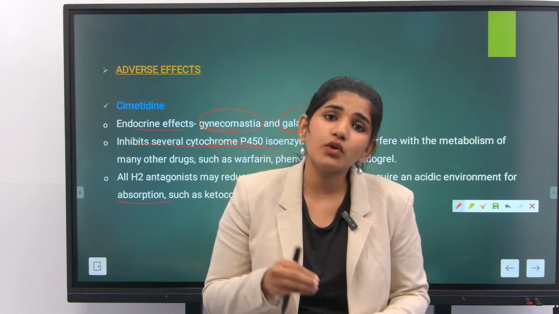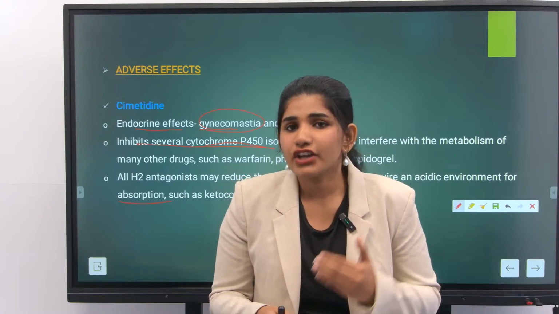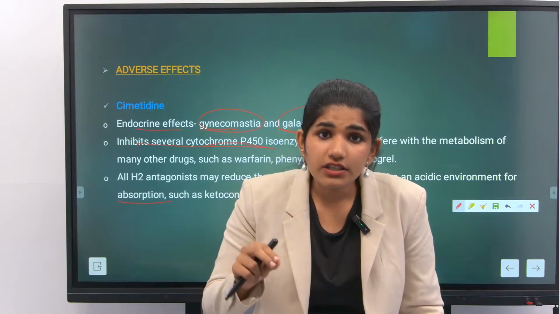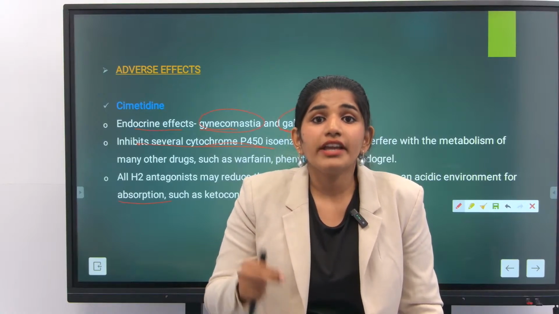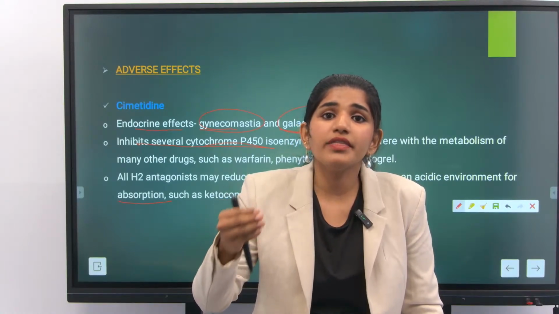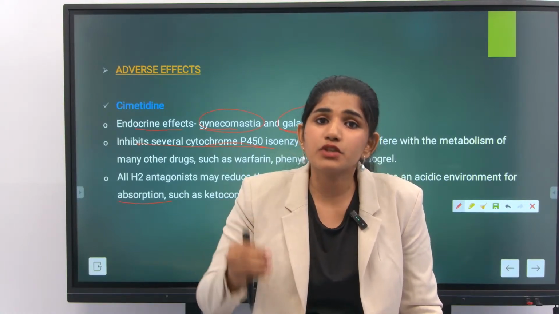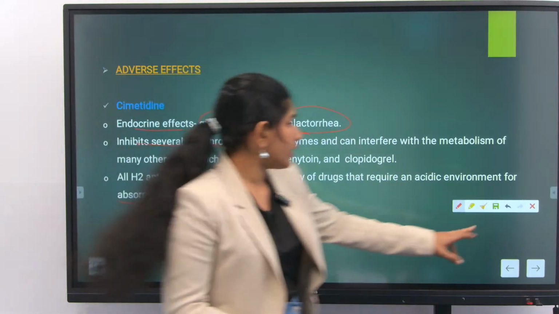After giving the H2 antihistaminics, what is really happening? They reduce the acidic environment of the stomach. So if ketoconazole is given with H2 antihistamines, they can interfere with its absorption. So these two drugs cannot be given together. Okay.